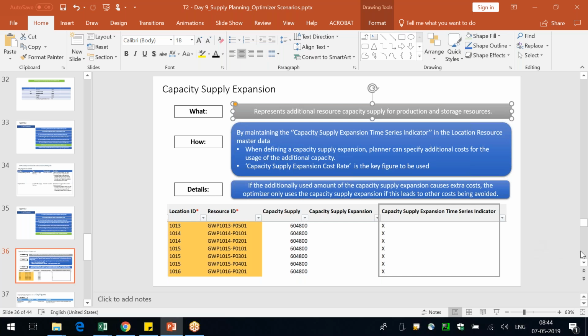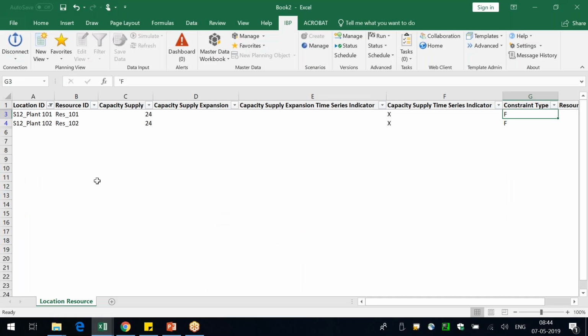So in the location resource master data, you specify the capacity supply is 168, and then you can see here capacity expansion, and you can say that's 50. In this week I can do more, I'll do extra shifts and do another 50 of capacity.